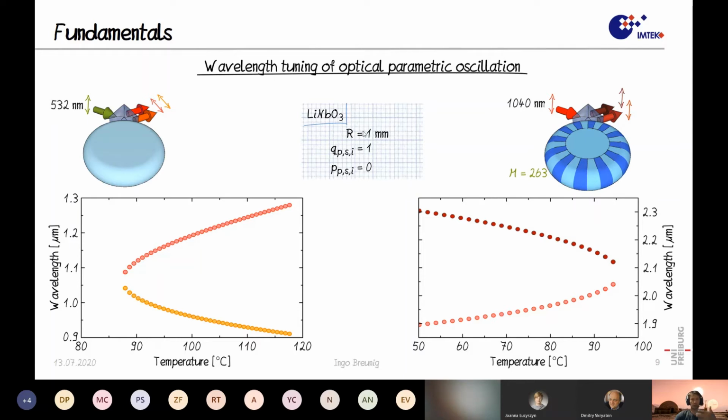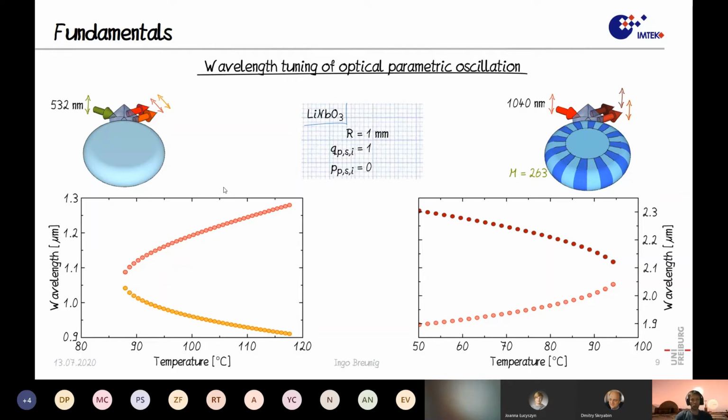The radius of the resonator is 1 millimeter, and we assume all three waves to have the fundamental mode, so Q is 1 and P is 0. Then we pump at 332 nanometers, and our light polarization is extraordinary, and the light polarization of signal and idler is ordinary.